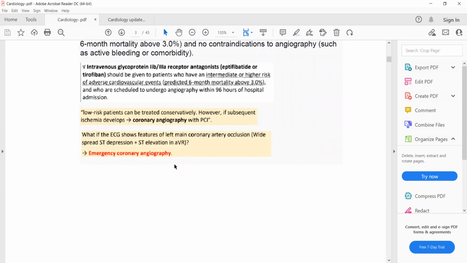They need to receive intravenous glycoprotein 2B/3A receptor antagonist, such as eptifibatide or tirofiban, along with low molecular weight heparin to prevent complications during angiography.